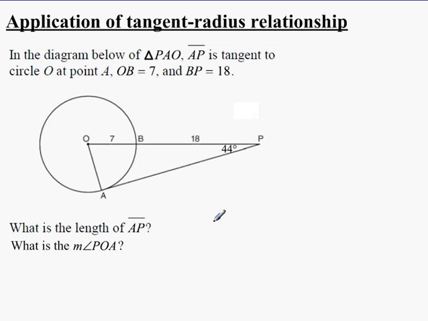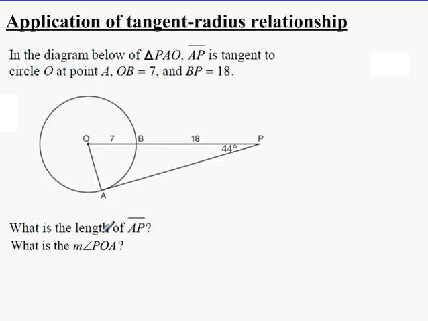In the diagram below of triangle PAO, AP is tangent to circle O at point A, OB equals 7, and BP equals 18. What is the length of AP, and what is the measure of angle POA? Let's begin with the first one. What is the length of AP?